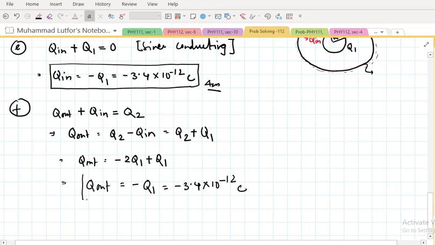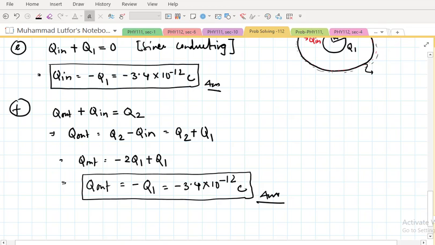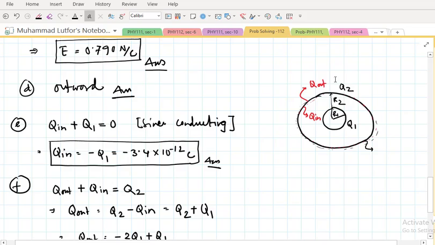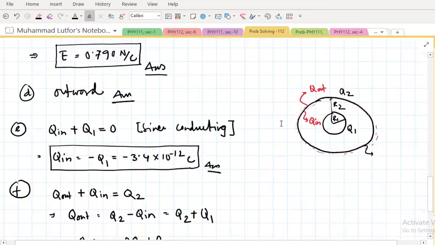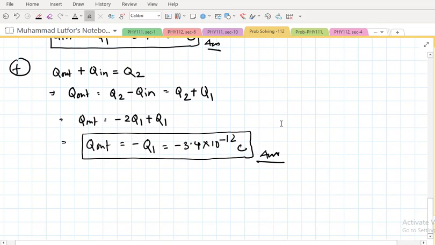So that would be the charge on the outer surface of that conducting shell. So this is the answer of that case. So the inner and outer surfaces have the same charge. That's why the total charge on that shell is twice minus Q1. Okay, thank you very much.